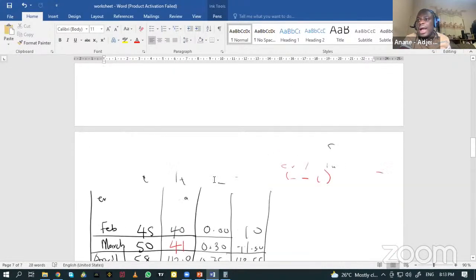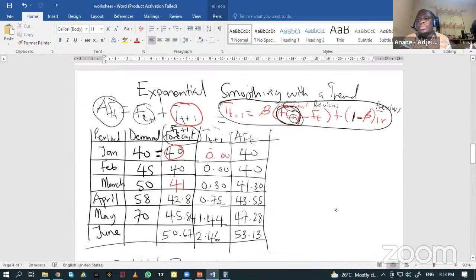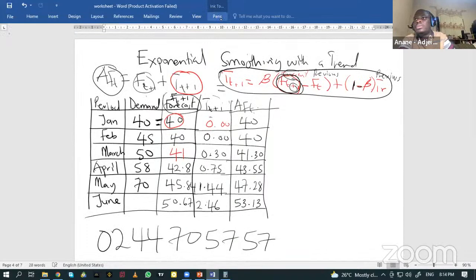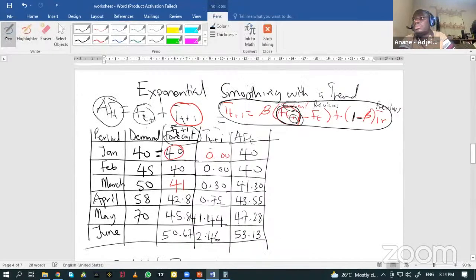This one we calculated ourselves. So this is demand and this is forecast.